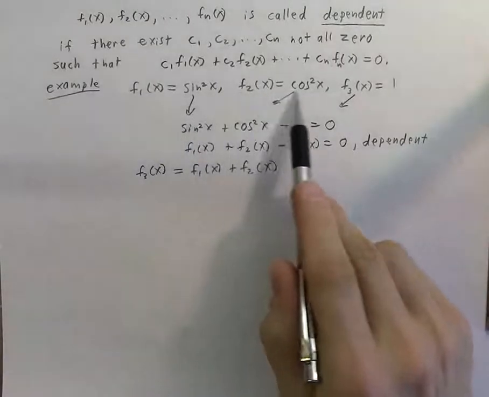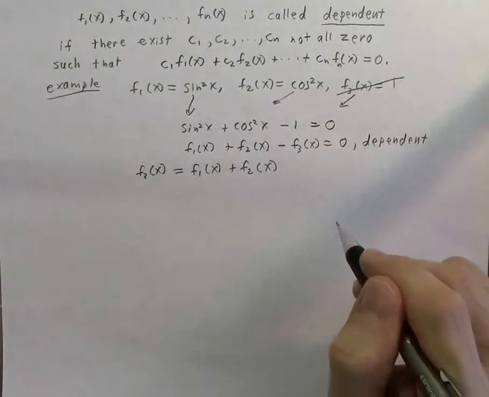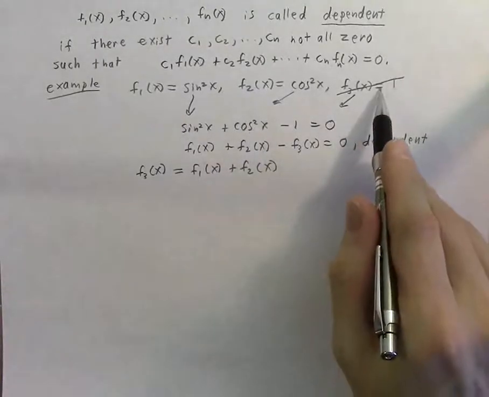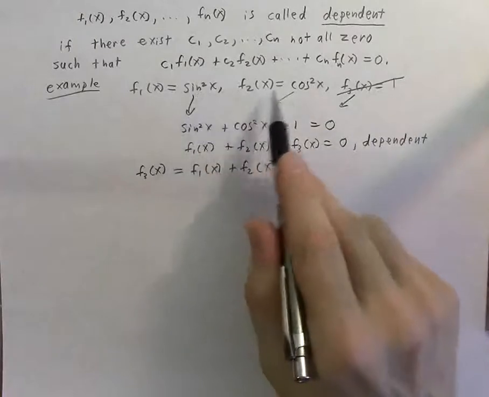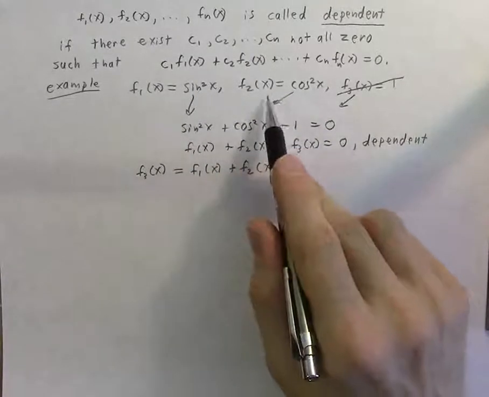So we could go back up to our list, strike out the f3 of x and not lose anything, because f3 of x would be produced by taking a certain linear combination of f1 of x and f2 of x.